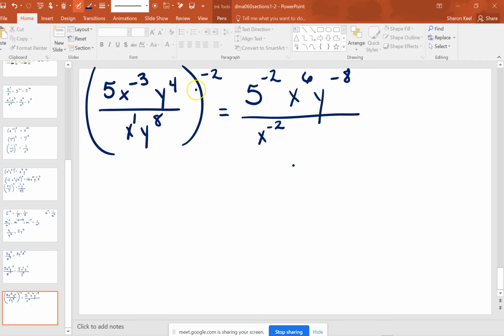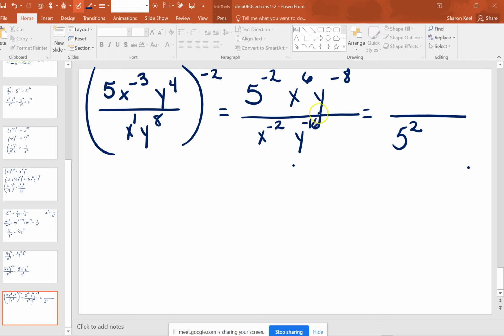And for 8 times negative 2, that gives me negative 16. Okay? Now, with this 5 to the negative 2, that's going to have to drop to the denominator. So if it drops to the denominator, it goes down here as a 5 squared.